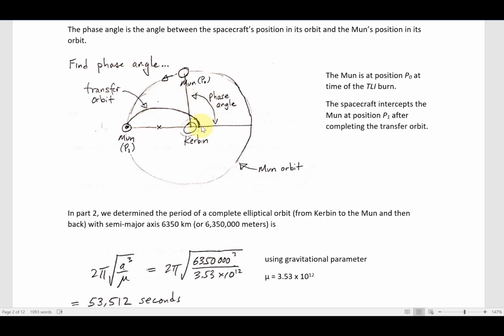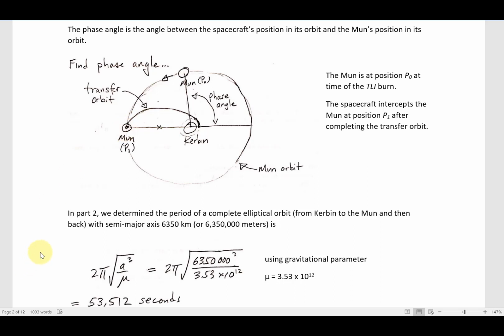So the Mun is at this position right here, P0, at the time of the translunar injection burn. That's where the Mun is when the spacecraft fires its rockets. And then it's going to intercept the Mun here at position P1 after completing that transfer orbit.